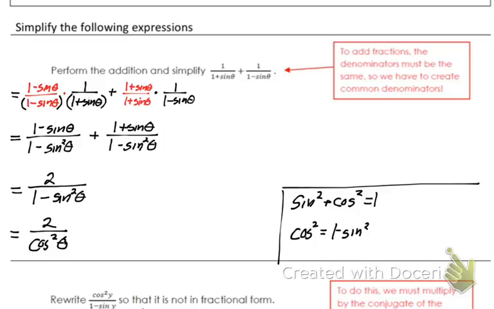So 2 over cosine squared theta is actually going to equal 2 times secant squared theta, and then I'm done. So generally speaking, 99.999% of the time, if you have a fraction, you can reduce it to something. Your answer isn't going to be a fraction, because usually we can go to the reciprocals of it.